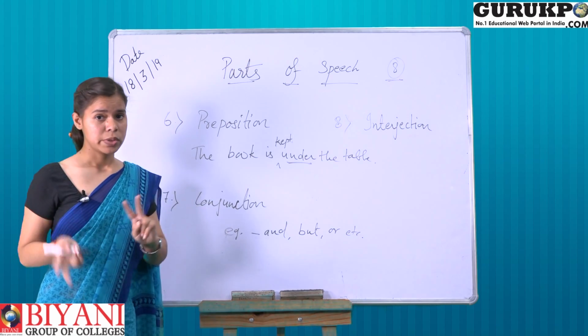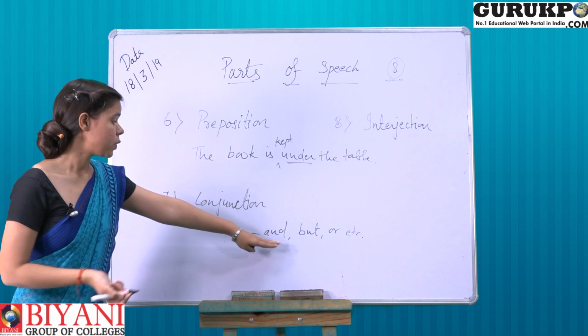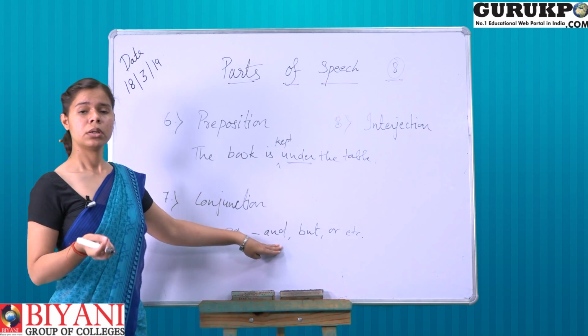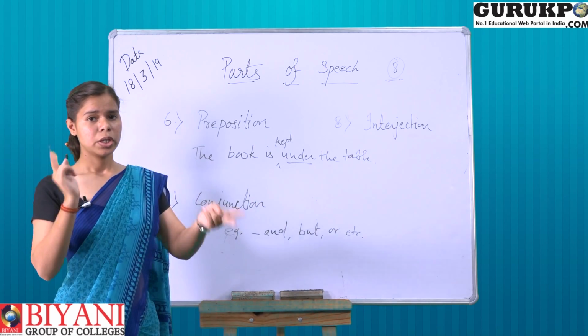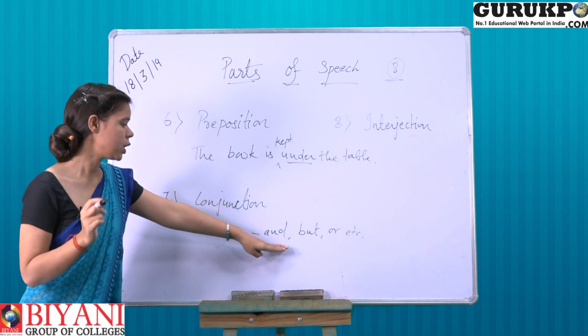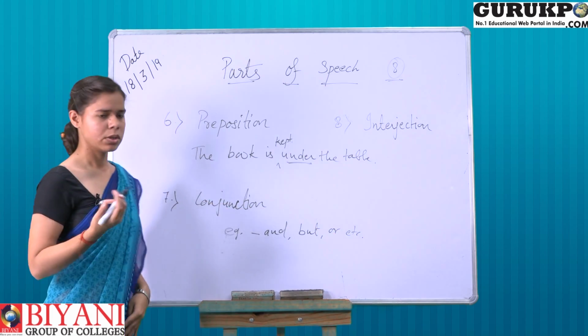These are two sentences, but when we join them together, we will use the word and. I am doing the work, but she is sleeping. We are joining the two sentences together using conjunctions, right? Or we can use any other words, any sentence.